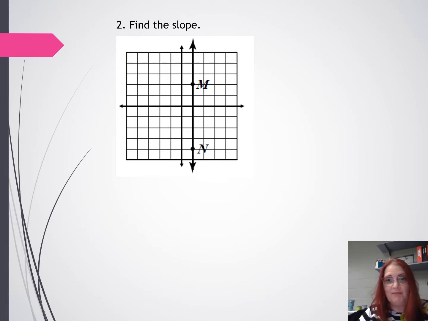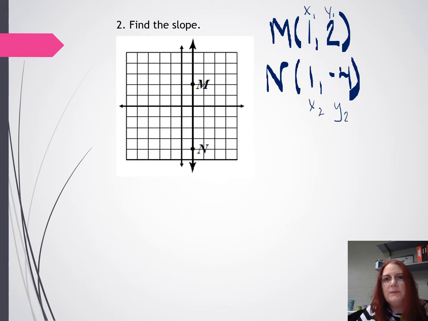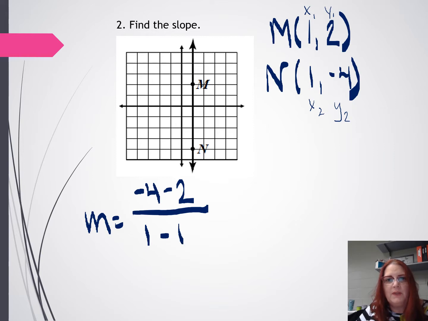Let's go ahead and do that again. We need to find the slope, and we have 2 points on this line. We have m, which is at 1, 2, and n, which is at 1, -4. I'll use m as my x1, y1, and n as my x2, y2. Using the formula for the slope, I'm going to take -4 minus 2 in the numerator and 1 minus 1 in the denominator.